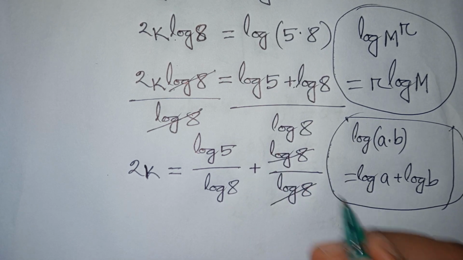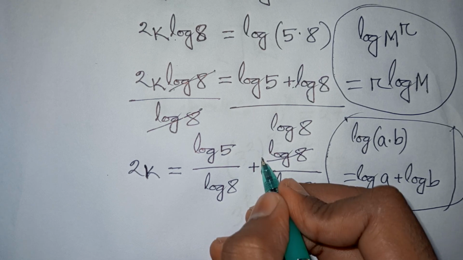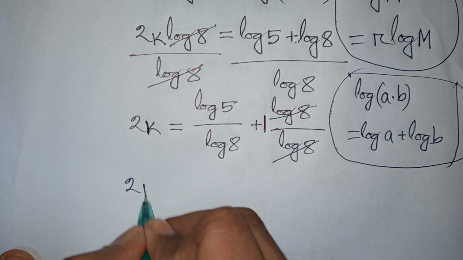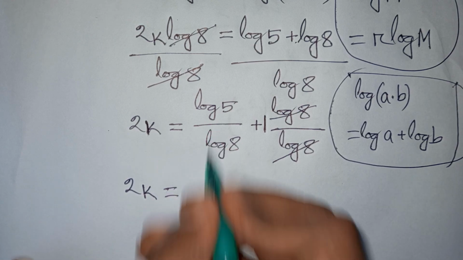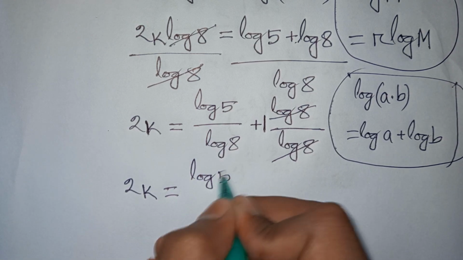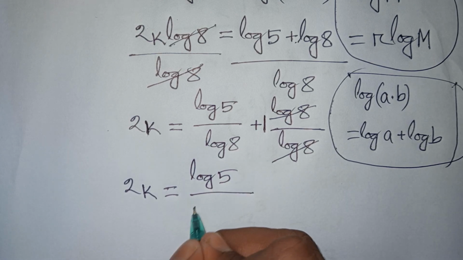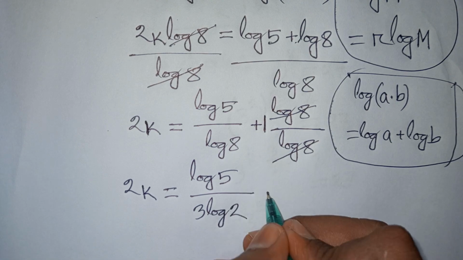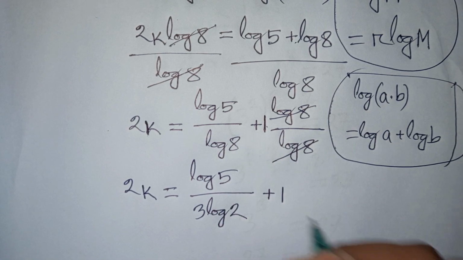So this log 8 over log 8 will be cancelled, giving 1. In the next step, 2k is equal to log 5 over log 8, which is the same as log 5 over 3 log 2, then plus 1.